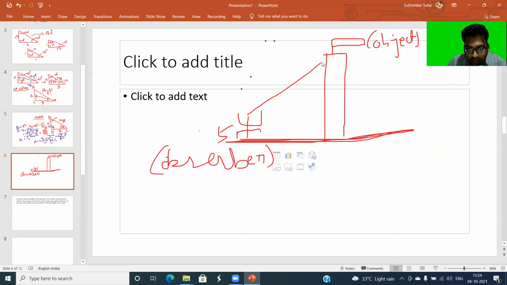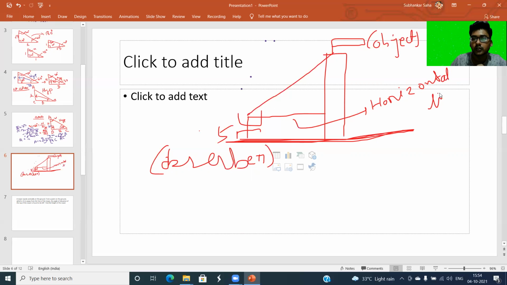This man looks into this flag, and it is the horizontal straight line. The observer looks into this object.